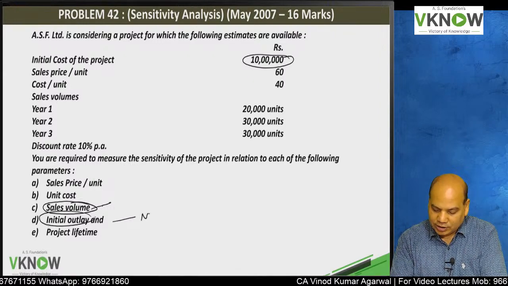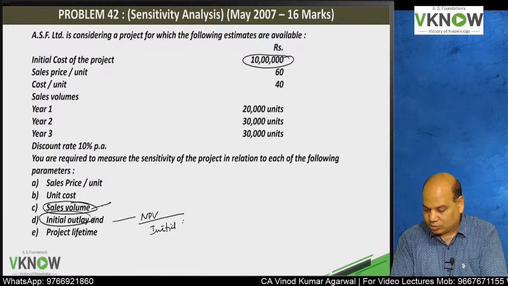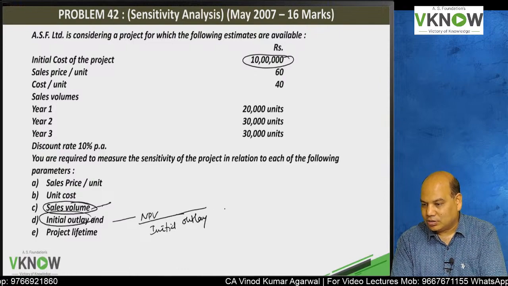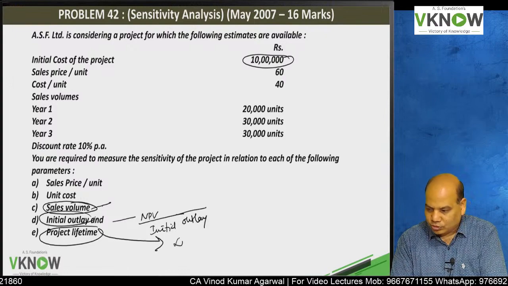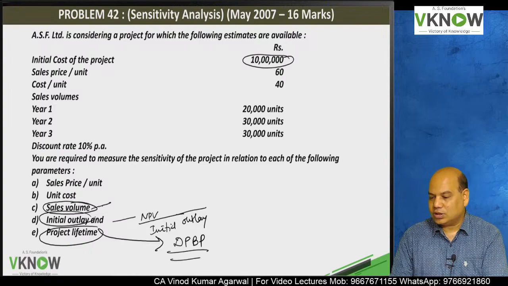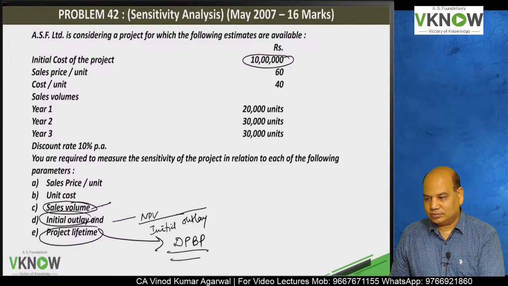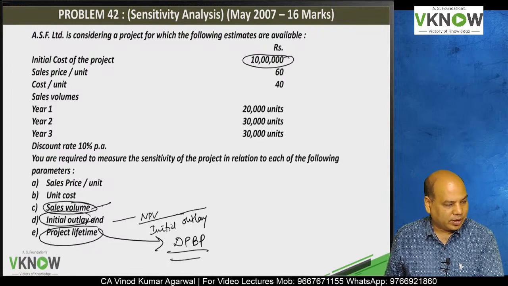Initial outlay is NPV divided by initial outlay, which will give you sensitivity for initial cost of the project. And project lifetime, I have told you, you have to compute discounted payback period. Is it right?